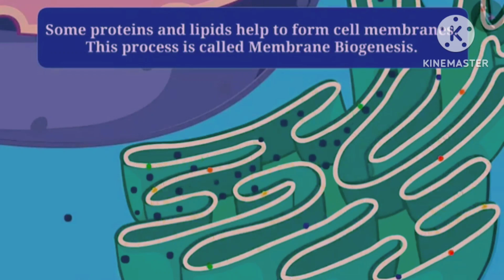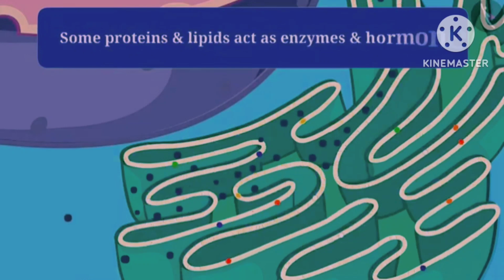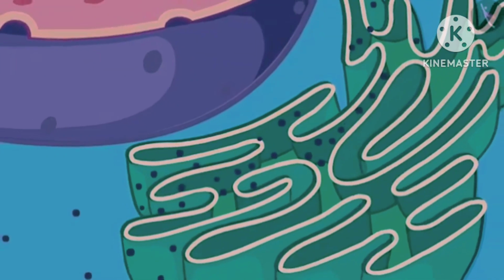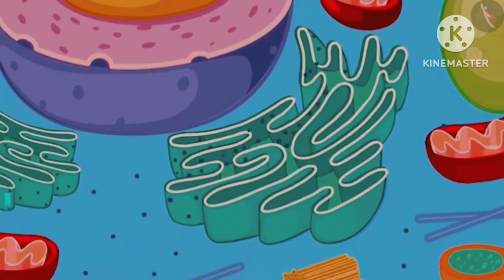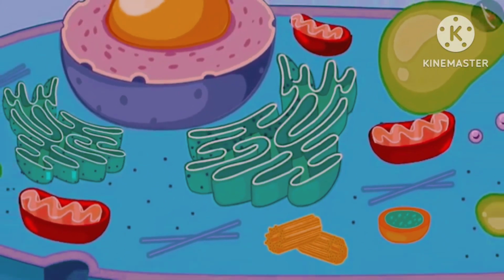This process is called membrane biogenesis. And some proteins and lipids act as enzymes and hormones. So friends, it's the endoplasmic reticulum that gives a way to synthesize basic biological molecules of the cell and move them to different parts of the cell.